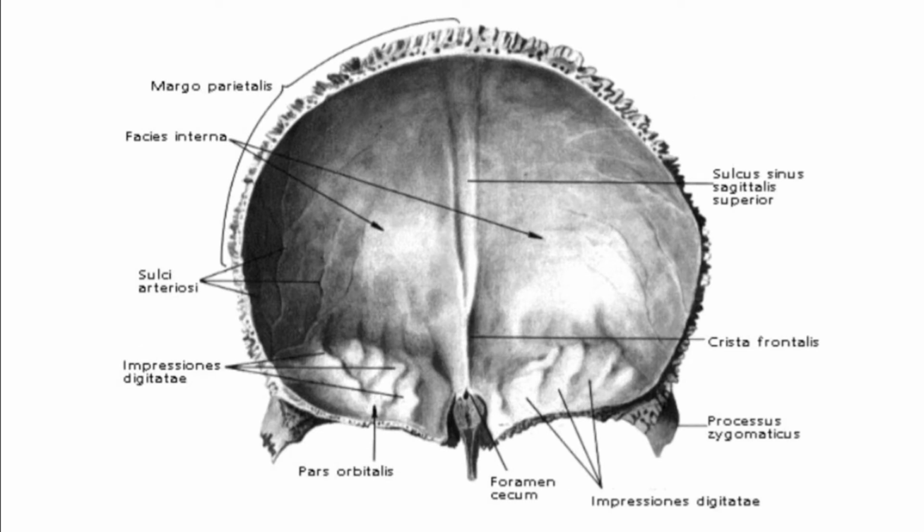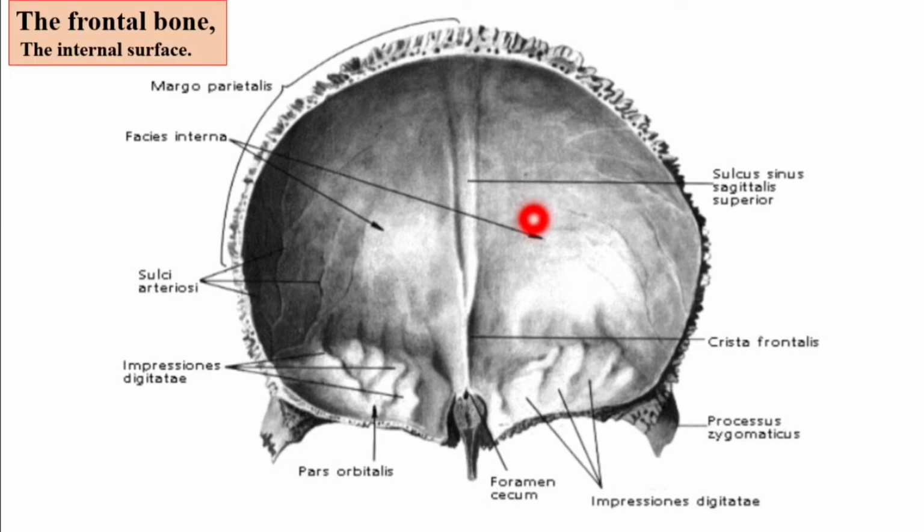So this is the internal surface. On the internal surface, the first thing you can see is this sulcus, the sulcus sinus sagittalis superior. Grooves formed by the arteries, so sulci arteriosi.